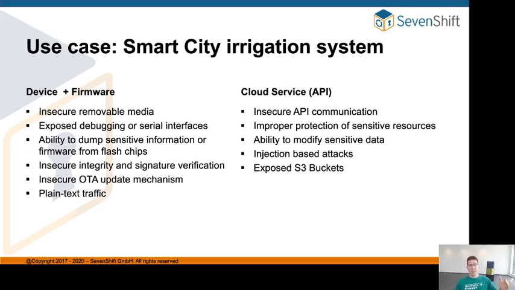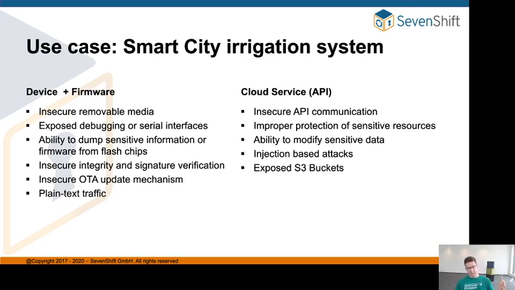You will often find the serial interfaces. So you just connect the right cables, enter, and have the right speeds, enter, and you have a root shell on these devices. Or maybe they have a debugging interface, so you can go ahead with JTAG and dump the firmware, or debug exactly what's going on in memory to bypass, for example, authentication.